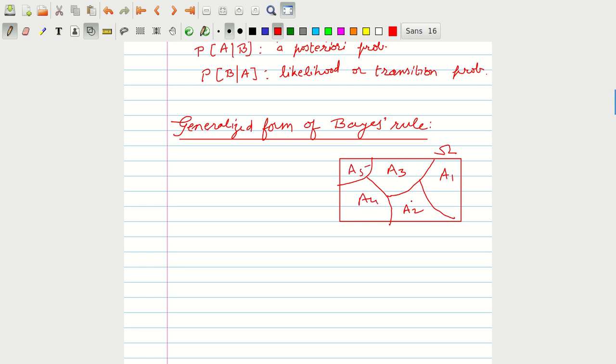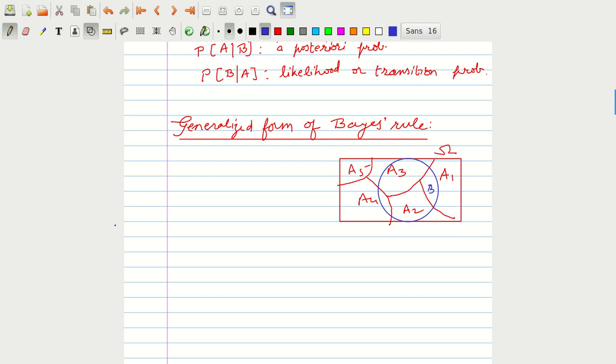All these Ai's are mutually exclusive as well as collectively exhaustive. That means they partition the sample space. Now within the same sample space, let us consider another event, say B, which certainly overlaps with some of the Ai's.